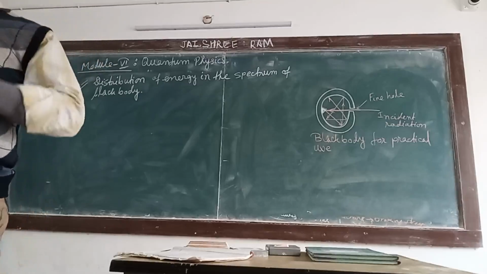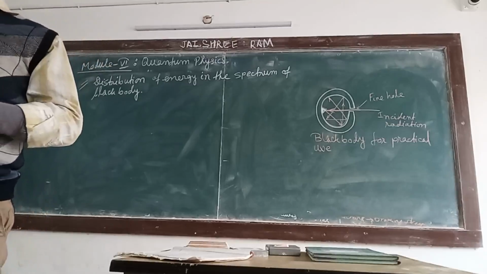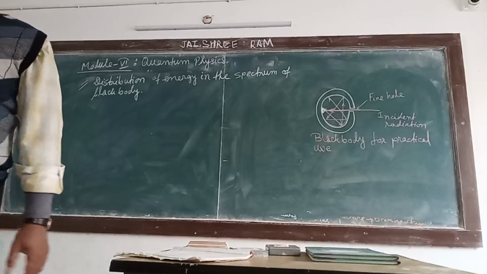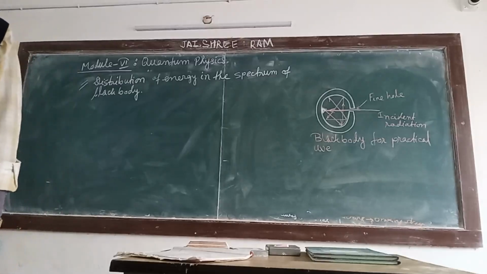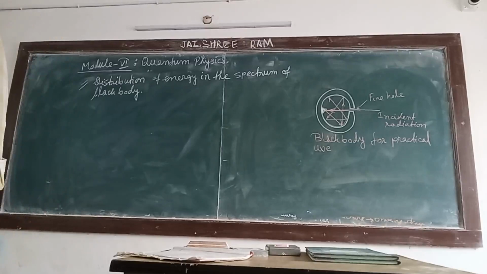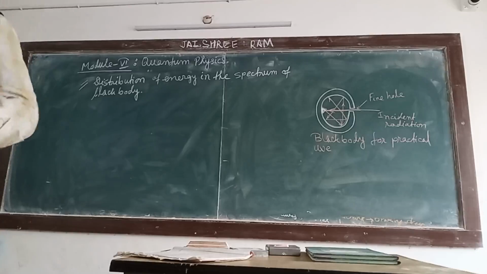Every object is radiating, we are also radiating, but we cannot observe that value. We cannot measure it. When we heat it, then we can measure that amount of heat or that radiation. We are also emitting the radiation.